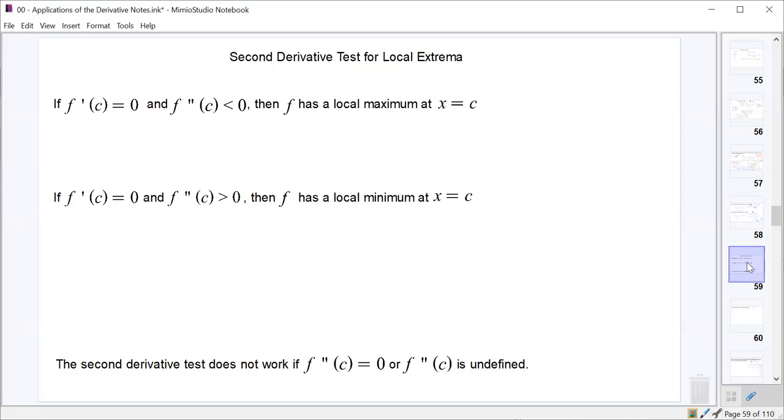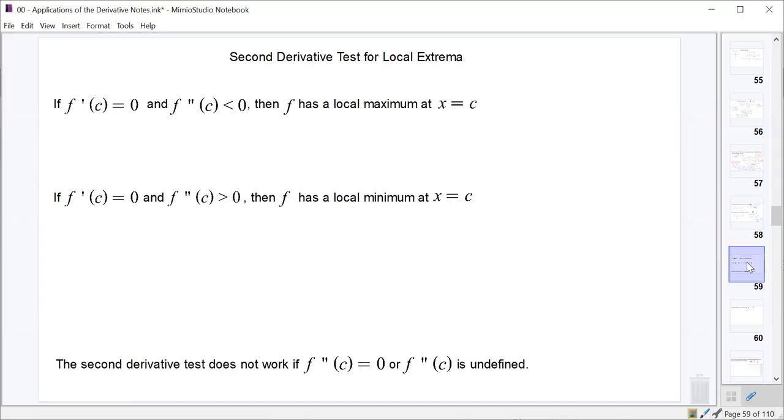Sometimes this method is useful because sometimes it's really difficult to find the second derivative. Sometimes it's very easy to find the second derivative, and we want to use the second derivative test, but it might be really difficult to plug in your critical values into the original function.